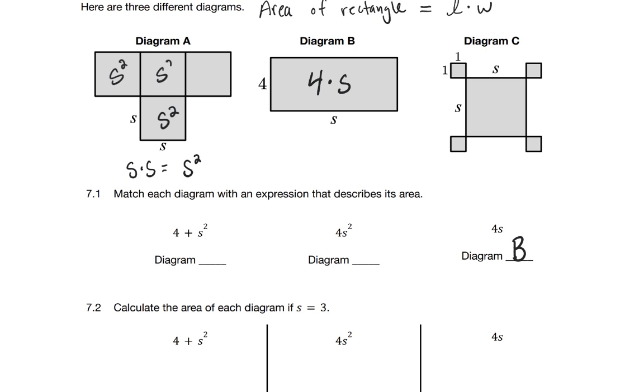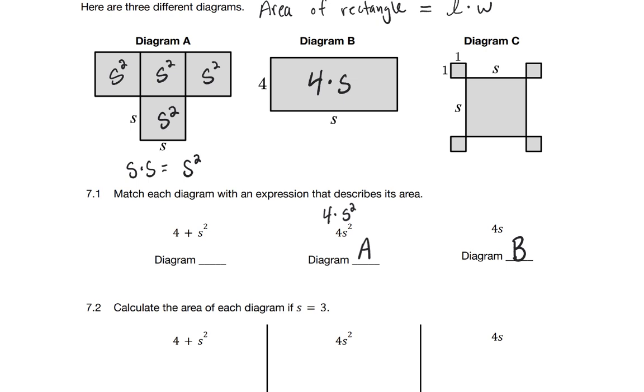How many S squares do we have? There are 4 S squares. So that's what we have here: 4 times S squared, another way of writing 4 of these S squares. All right, so that is diagram A, leaving us with diagram C.